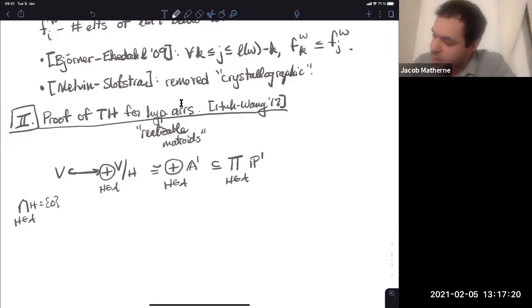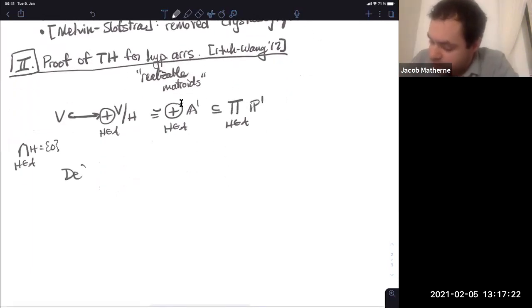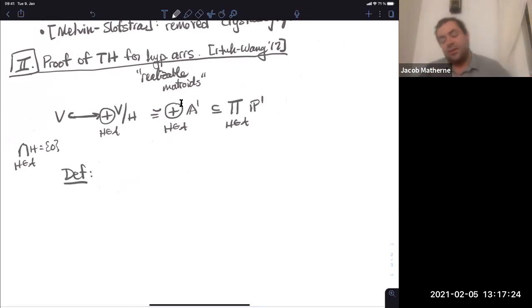So here's the first object that, when Nick talks next week about the Kazhdan-Lusztig theory of matroids, is sort of the first object that is playing a role in this Kazhdan-Lusztig theory that's analogous to something for flag varieties and Coxeter groups. So I'm going to define something called the Schubert variety of a hyperplane arrangement.